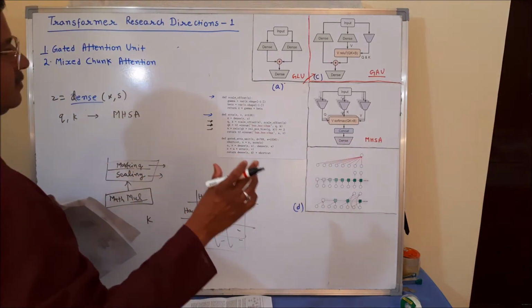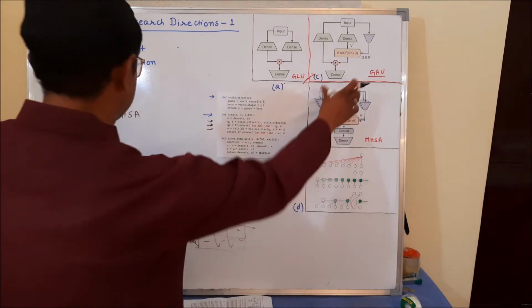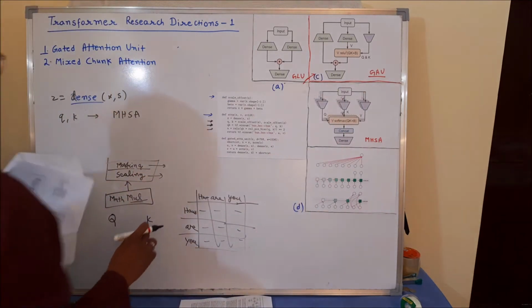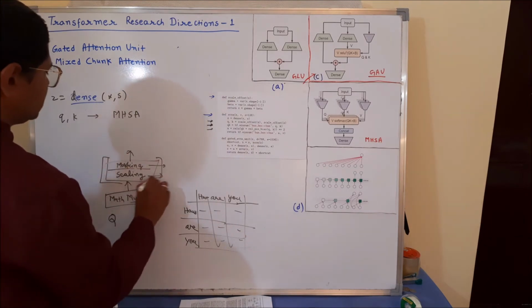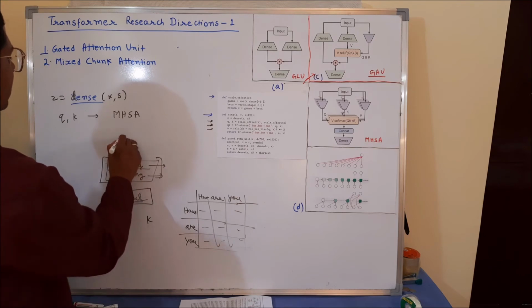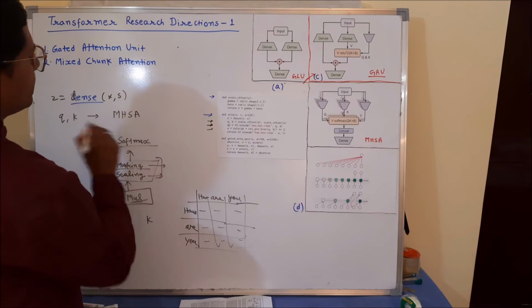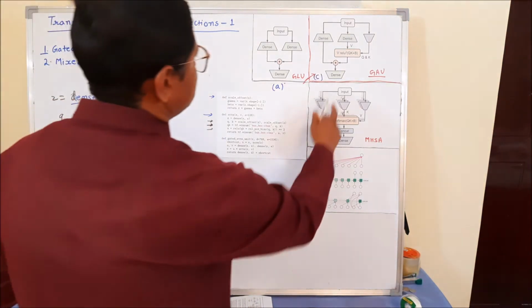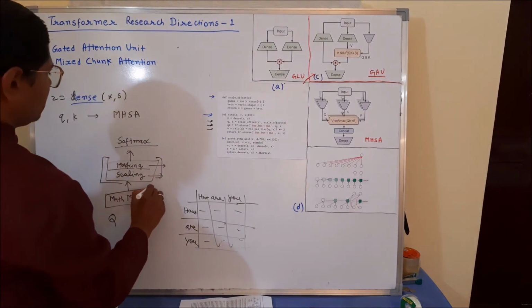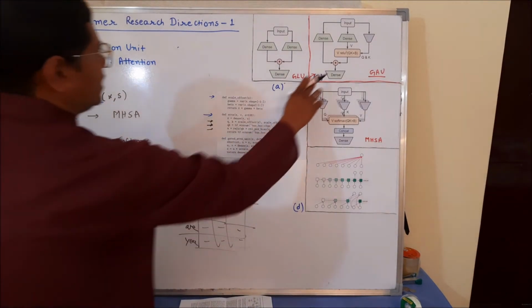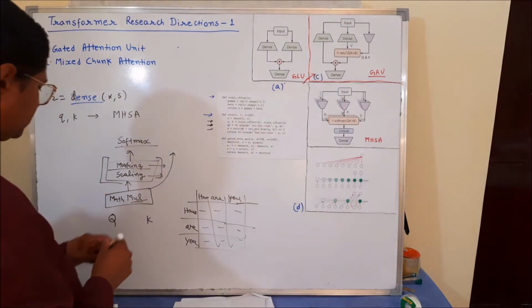Just watch my previous video. I have given the tutorial link in the description box to understand all those things in detail. But suppose we skip those things, after that it calculates the softmax value. But here, instead of computing softmax of those outputs, they are calculating the ReLU square. Now this is the difference.